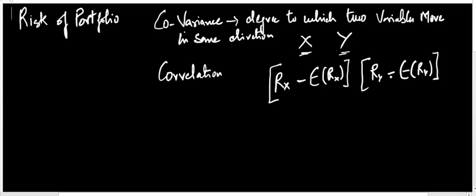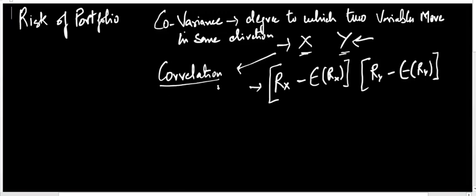Now, the covariance has one of the limitations, that if I increase the absolute values of x and y, the covariance tends to increase, which actually may not be the case. So, in this regard, another measure that is used is the correlation, which is a standardized measure of covariance.